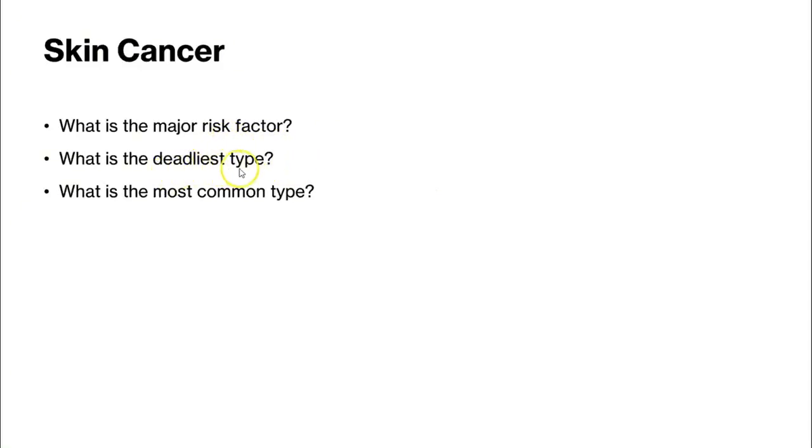The deadliest type of skin cancer is malignant melanoma. Malignant melanoma affects the melanocytes of the stratum basale. And then the most common type of skin cancer is basal cell carcinoma, which is the least deadly type of skin cancer. It's very slow growing. So know these questions associated with skin cancer.